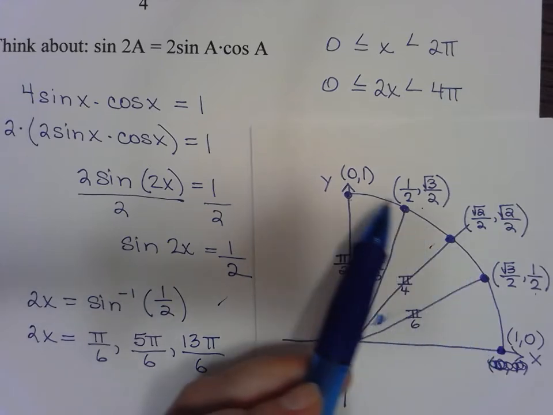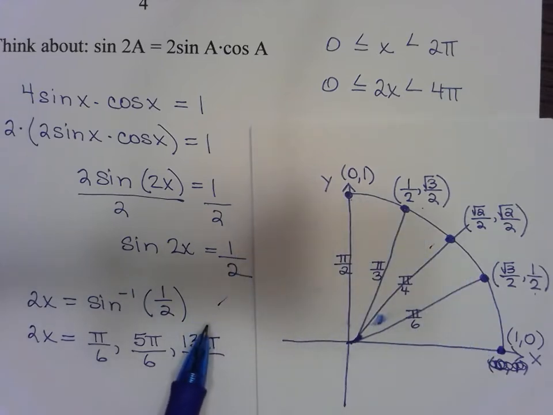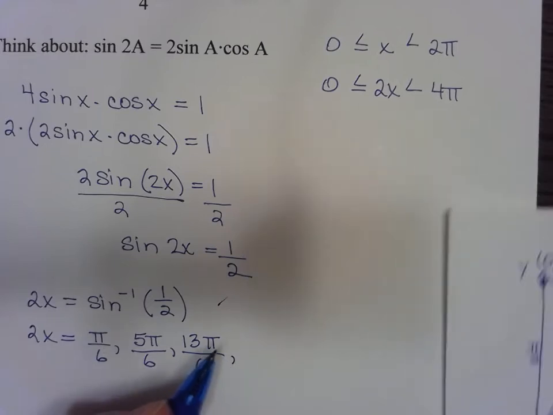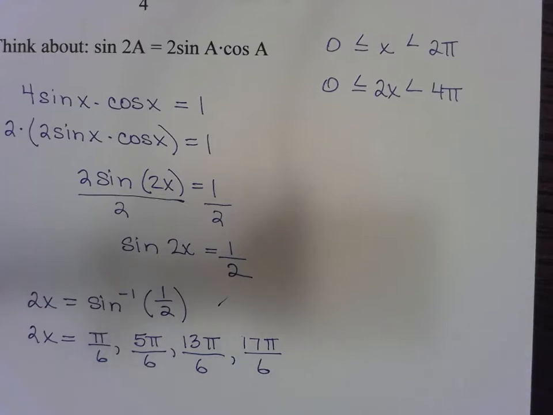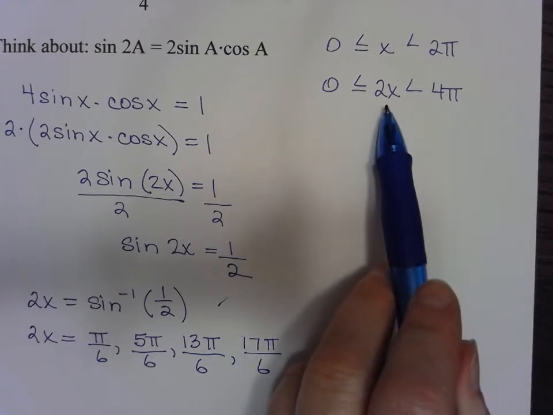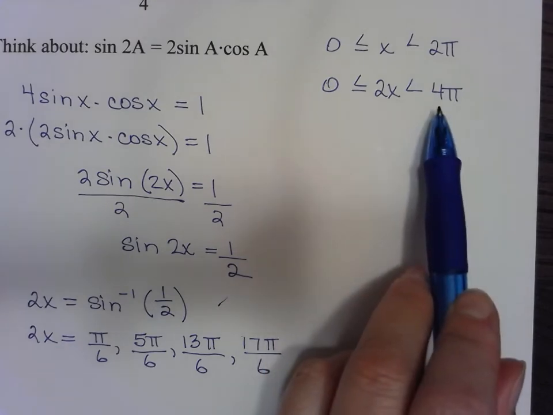And then if I kept going, this would be 3 pi, that's 18 pi over 6. 1 less would be 17 pi over 6. That's going to give me all of my options between 0 and 4 pi.